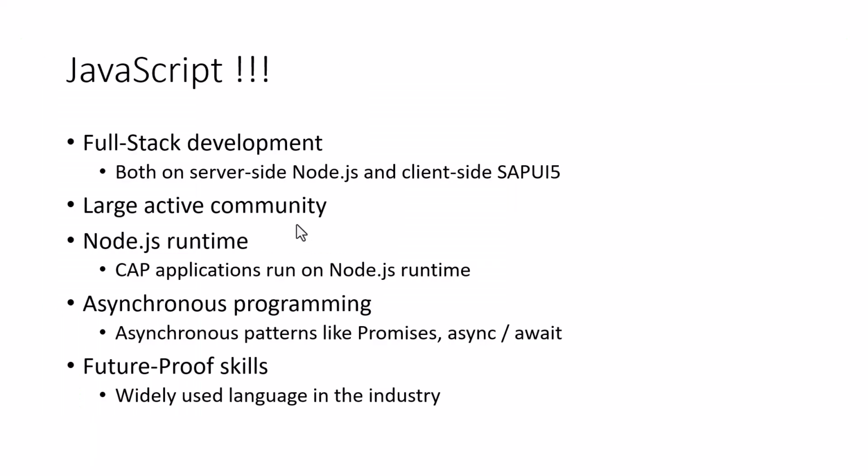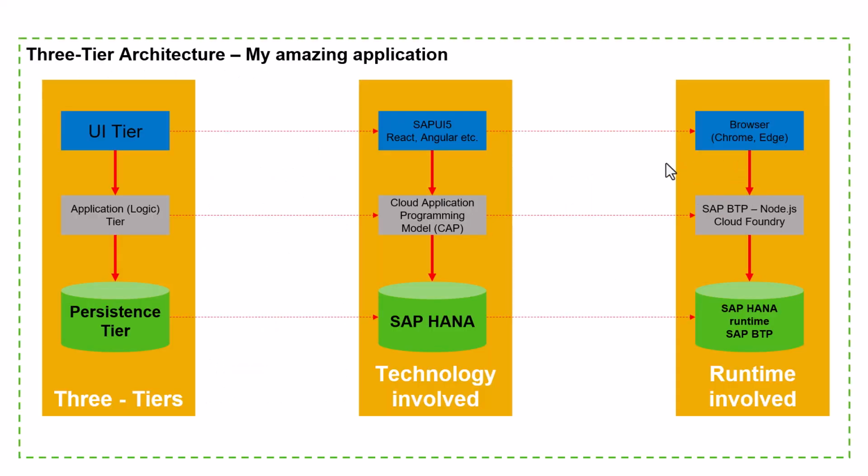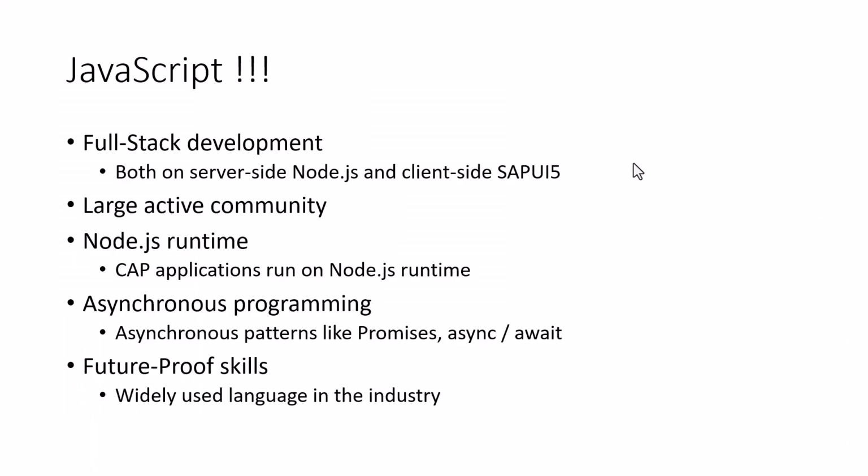One of the big advantages of JavaScript is that you can do both server-side Node.js development and the client-side SAP UI5 development. So if you know the language JavaScript, you can work on both these layers, the Node.js layer and also the UI5 layer.